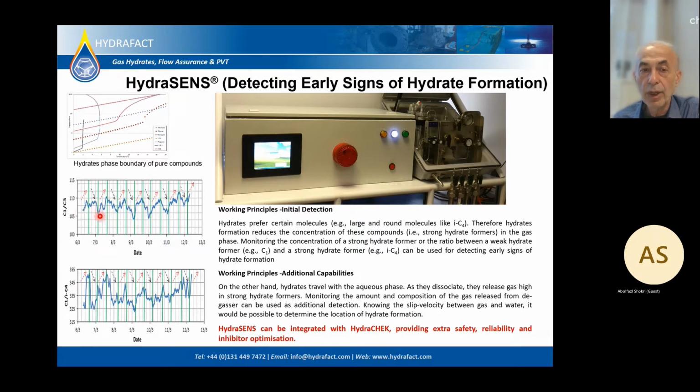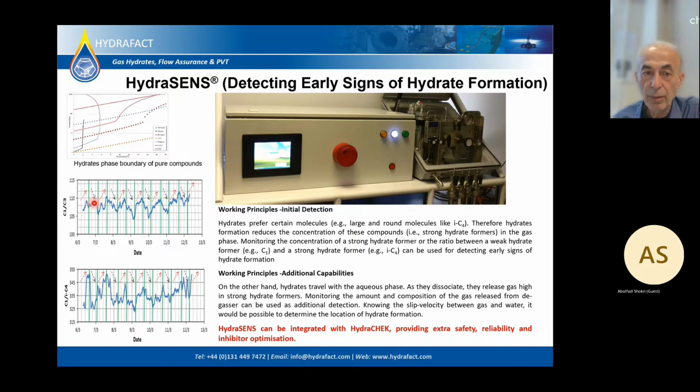So we interpreted this result, and here it shows that hydrate is forming, here is melting, here is forming, here is melting. So why is it melting and forming? We noticed that it is the concentration of day and night. Night, temperature drops, hydrate forms.